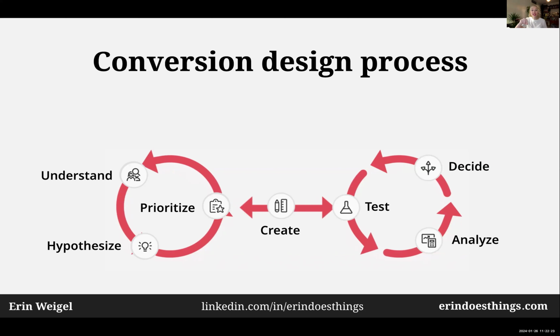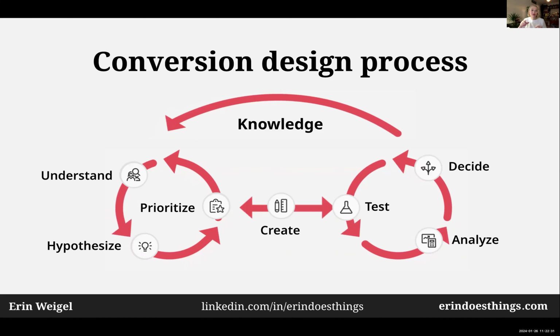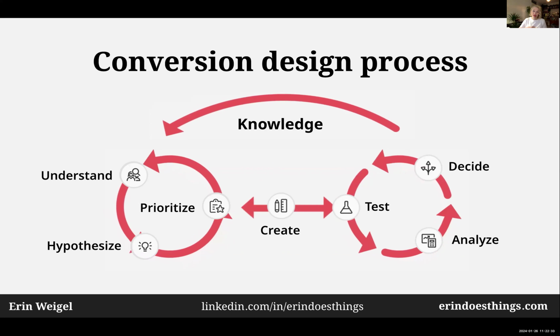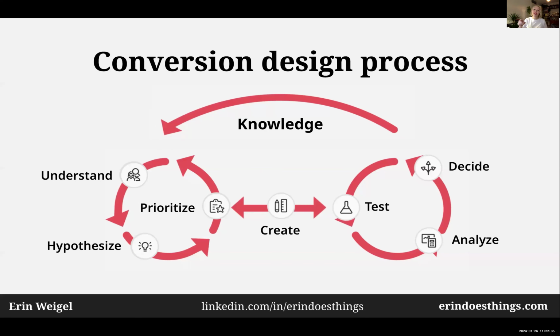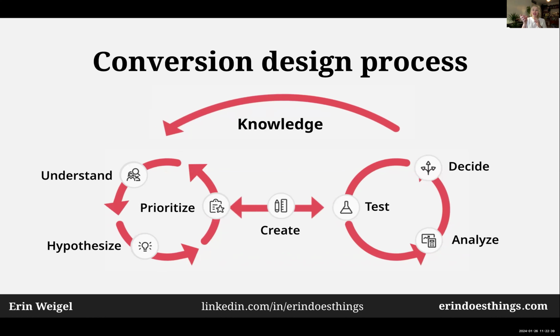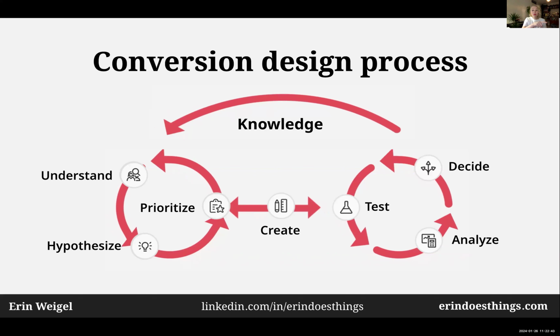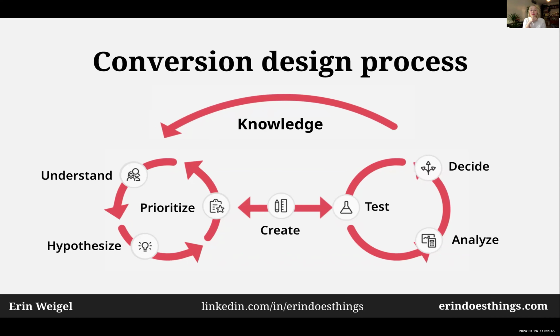So you can really cycle through it multiple different ways. But again, because it's based on systems thinking, there is an output of this system, and the output is knowledge. And the knowledge is a flywheel or a reinforcing loop, which makes the process stronger.